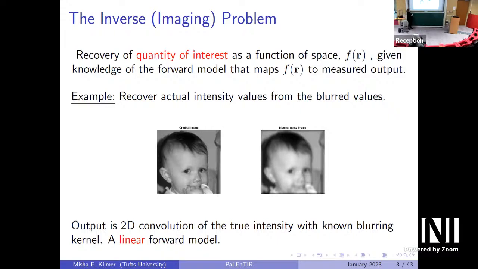This is an example where I've taken an image of my daughter some years ago and done a 2D convolution. Of course, we know what the blurring operator is. We have the measured noisy data, and we'd like to reconstruct an unblurred image.